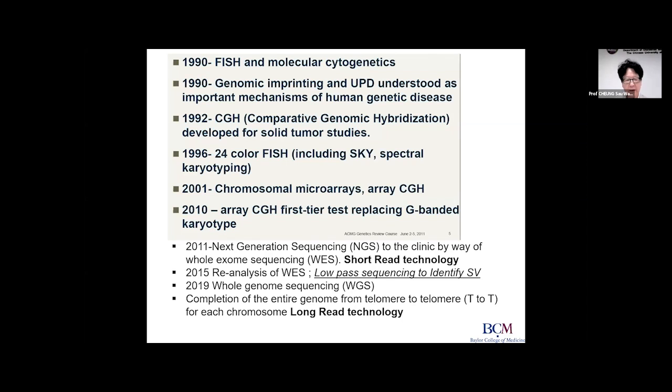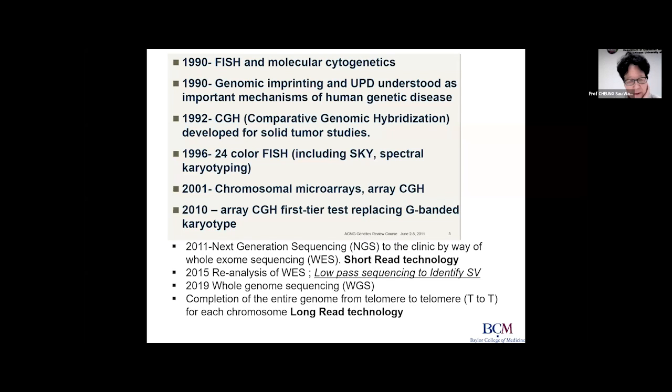Based on that experience, we published in the New England Journal, by Pengfei Liu, a reanalysis of the WES. At the same time at CUHK, Elvis Dong and Richard Choy developed low-pass sequencing to identify structural variation. In 2019, Baylor also implemented whole genome sequencing.